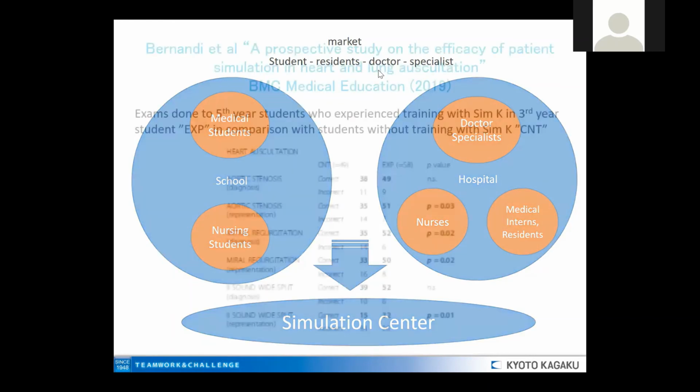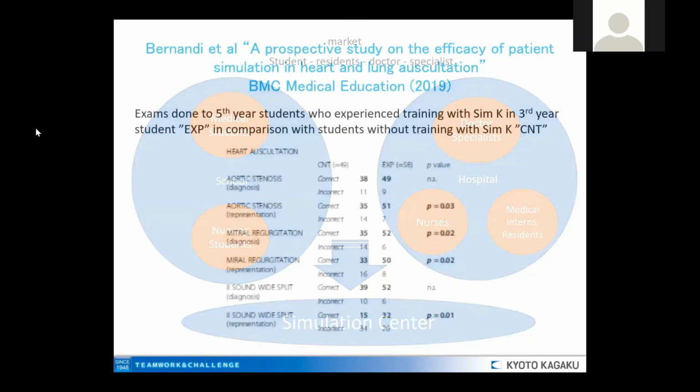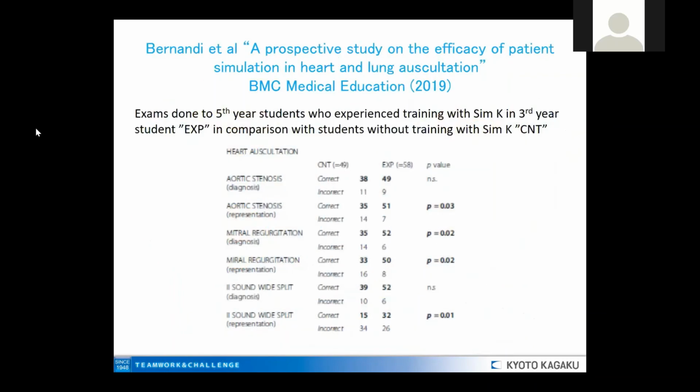And here we found a very recent paper from a university. They made a comparison between some students of the third year, which used the Patient K, and some others that didn't use the Patient K, and then they compared their performance.